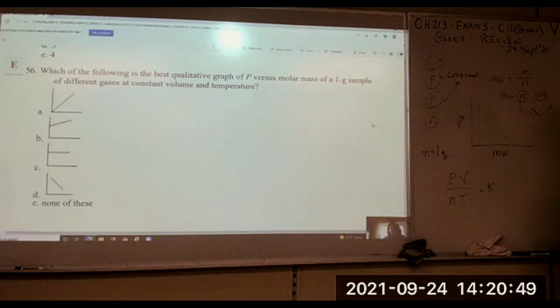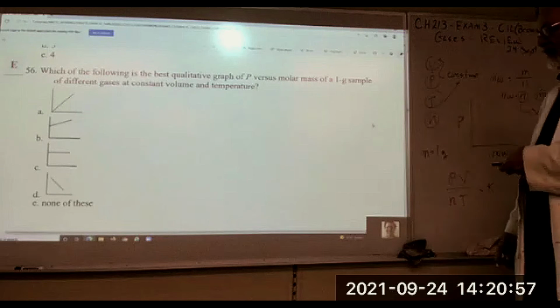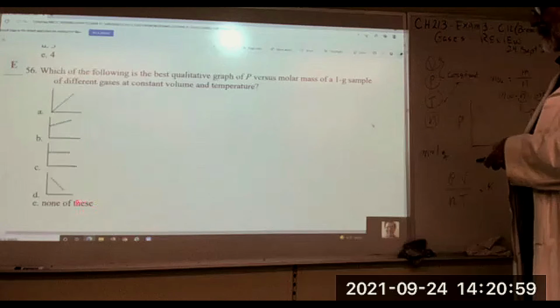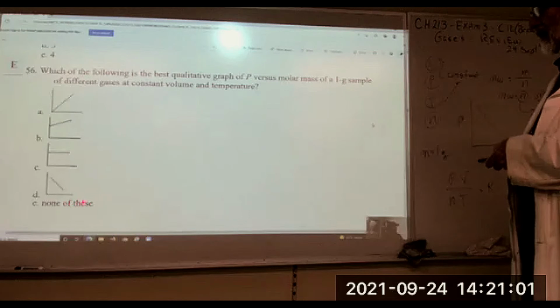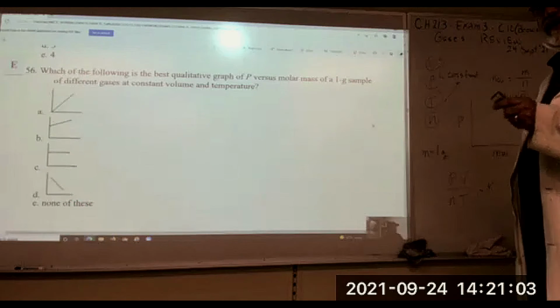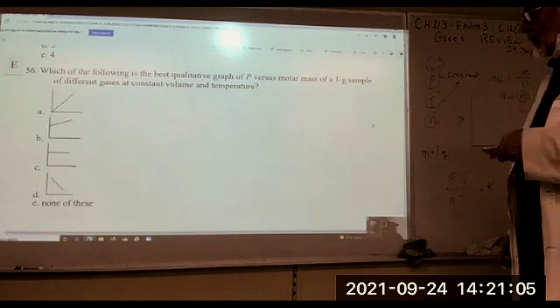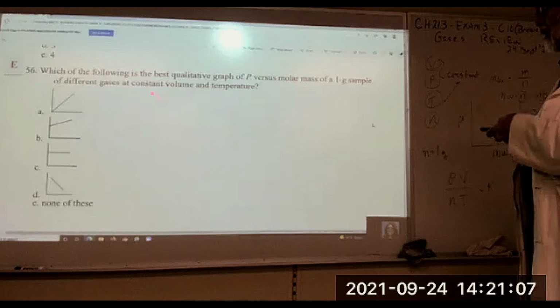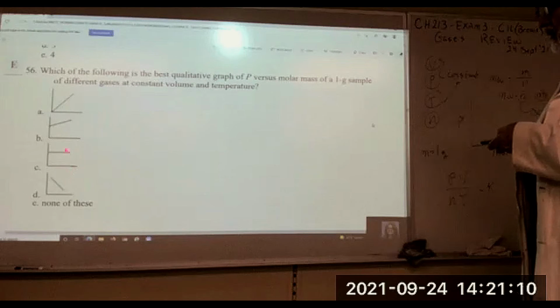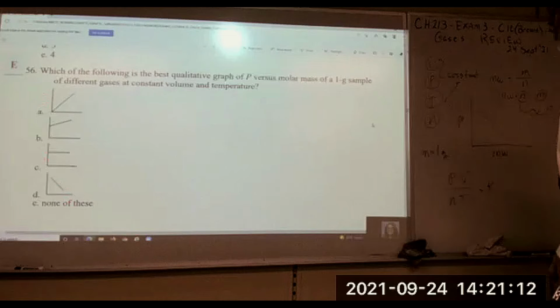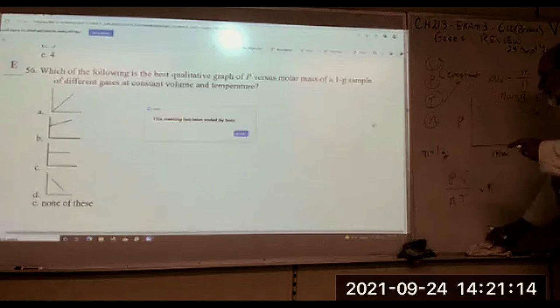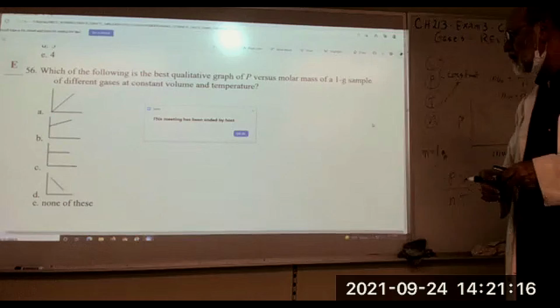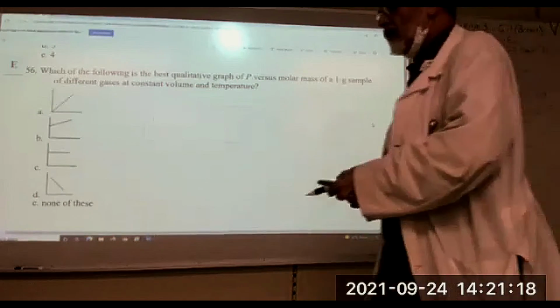Did I lose anybody? Probably. So the only reason D is not correct is that it doesn't start at the y-axis. The reason that what isn't? D isn't correct. And then E is the answer at the top, I think. Oh, okay. Oh, good.